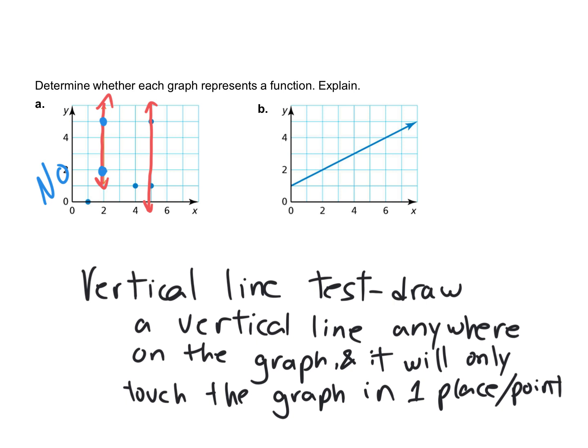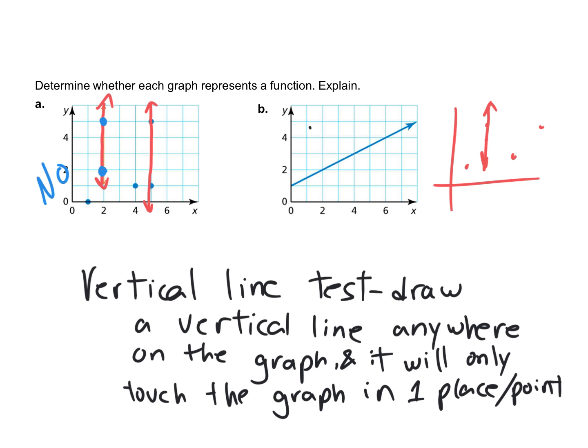So you can have a graph that has point here, point here, point here, point here. And it's only at this one point where the lines collide with the points. It is still not a function, okay? So as long as it touches it in one place more than once, that's it. It's not a function, okay? So in this case, A is not a function.